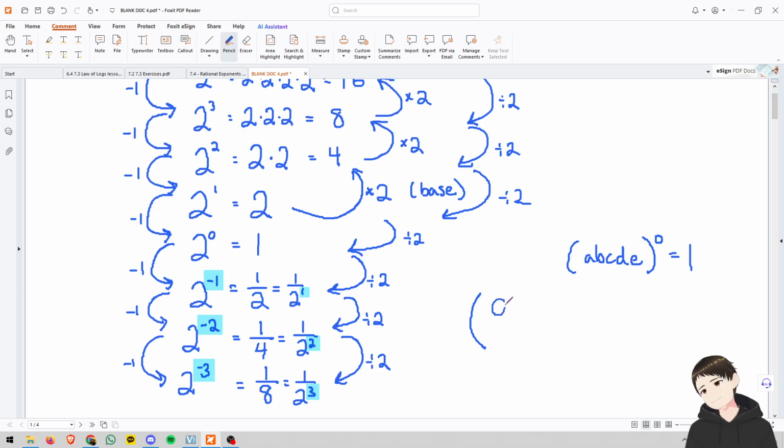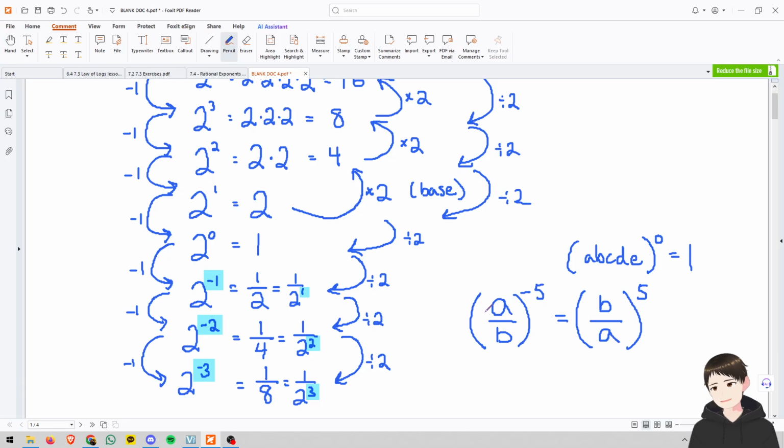If you have some kind of fraction, a over b, to the power of a negative number, 5, let's say, you can rewrite this as a positive 5 as long as the base is written as its reciprocal. The numerator becomes the denominator, and the denominator becomes the numerator. That's the rule.